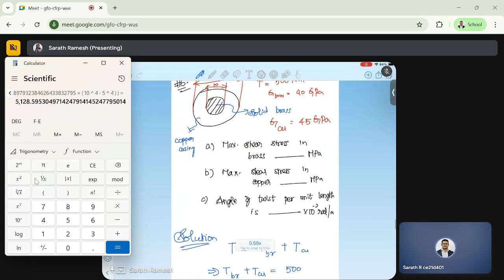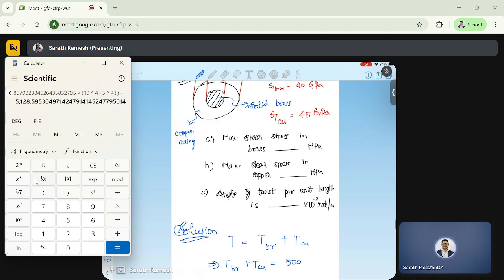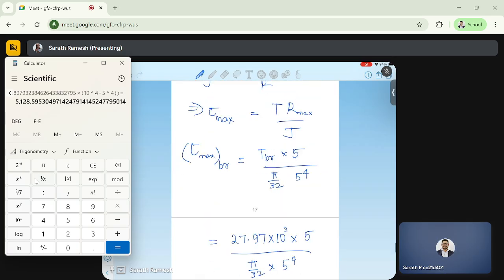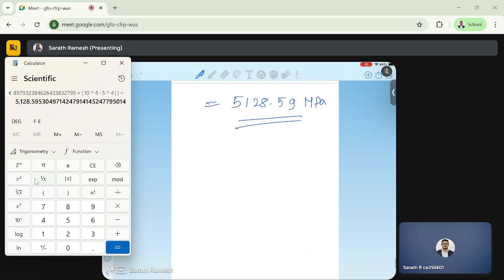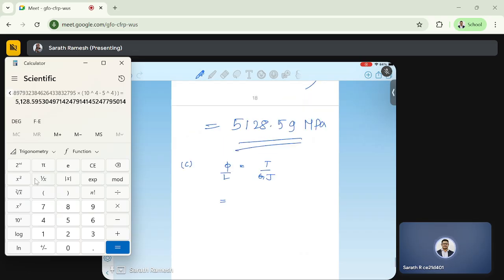And for subdivision C, angle of twist per unit length in radians per meter. Angle of twist per unit length is given as phi equal to TL by GJ, so phi by L equal to T by GJ. Both will be same, the copper or the brass.